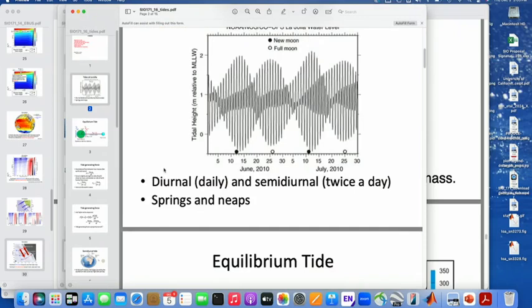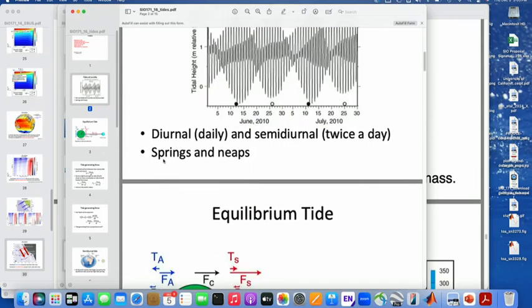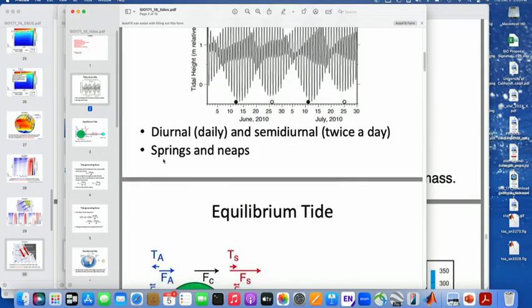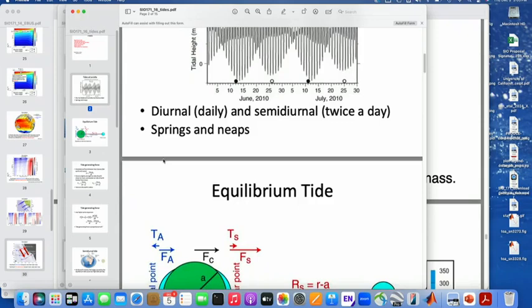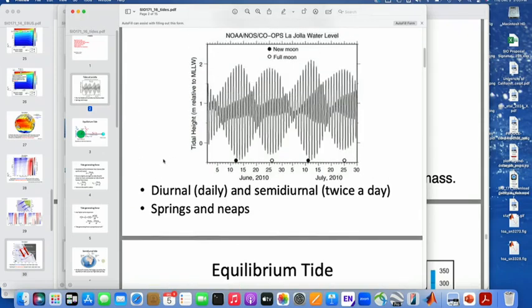Typical tides can be either semi-diurnal or diurnal. We see a lot of semi-diurnal, that means twice a day. But there's springs and neaps, because this is a tidal record off of La Jolla. The springs and neaps, that means like every 2 weeks there's a spring, and then in between there's the neap. And there's 2 peaks per day, one's bigger than the other, both high and low tides.